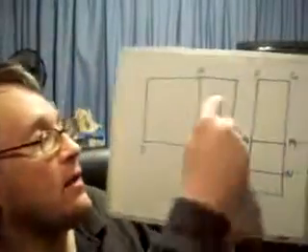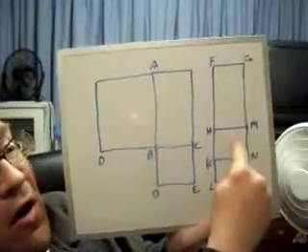We've already established that. AC is equal to MK. So now we have said that this area here is equal to this area right here.